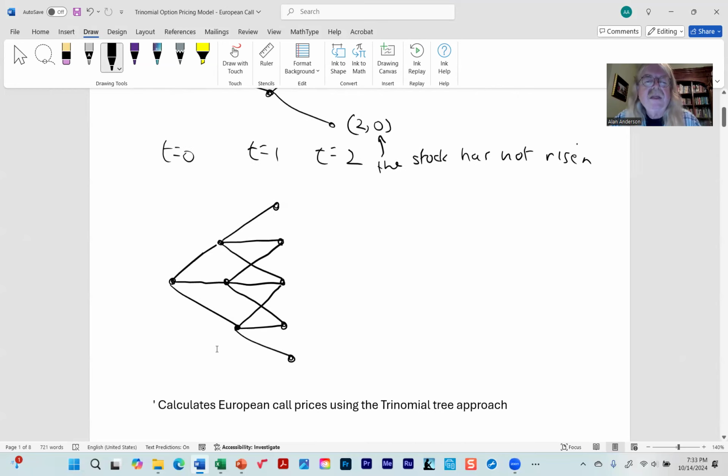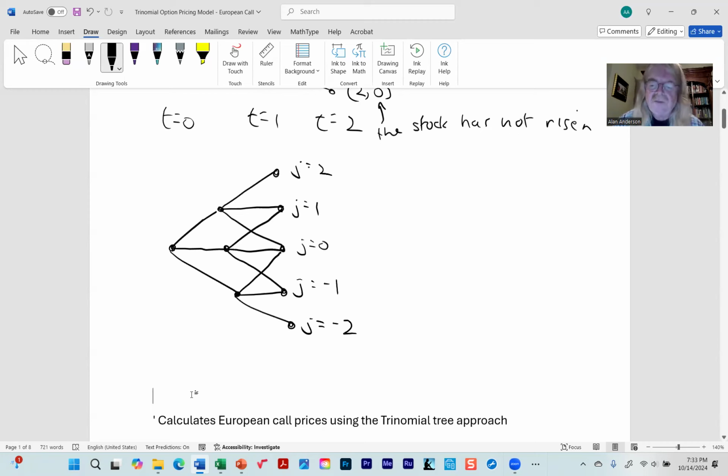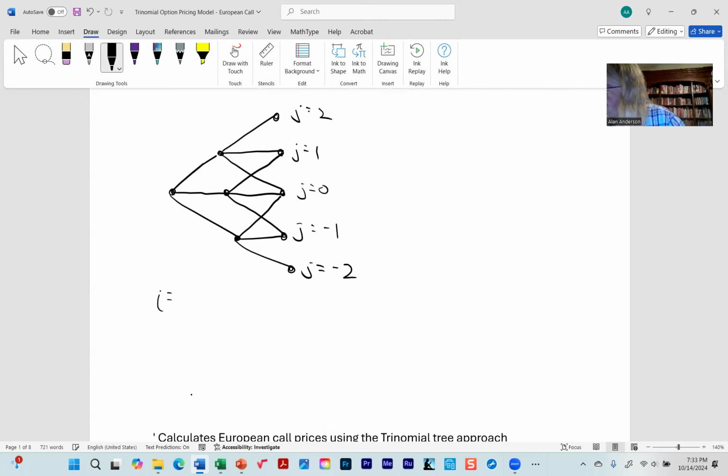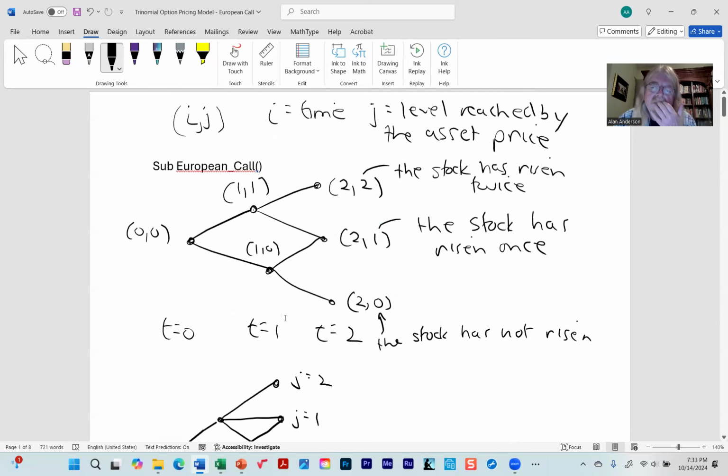So what's going to happen now is that we're going to let the center be j equals 0. So that means that this is j equals -1 and this is j equals -2. Now the time steps haven't changed. But all of a sudden we have negatives. If you see a -2, it means we've gone down from the center 2 steps. So in other words, now the center is 0, and the j's represent how far we are above or below the center. So we're interpreting it a little bit differently.